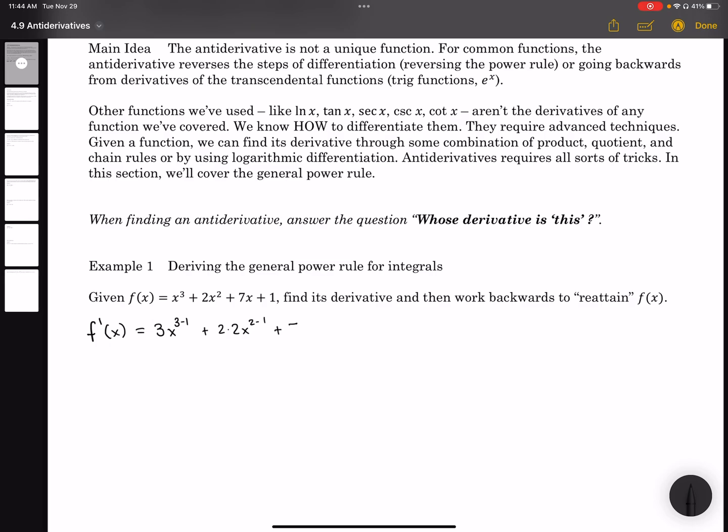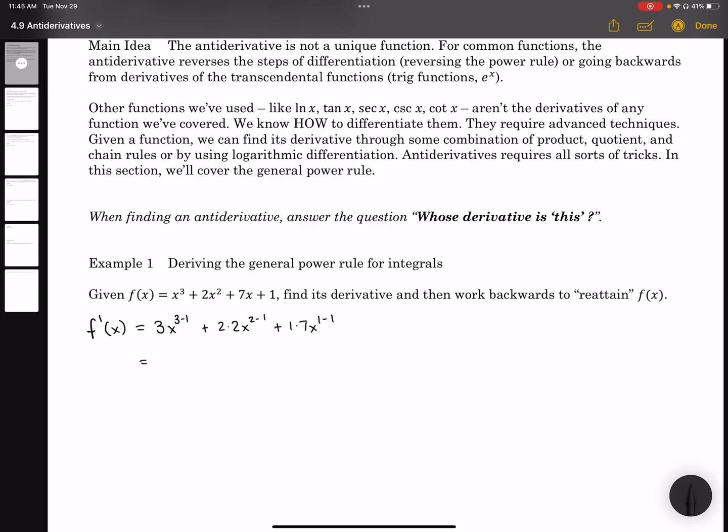Then we have plus 1 times 7 times x to the 1 minus 1 power, and the derivative of a constant is 0. So now, of course, we know this is actually just 3x squared plus 4x to the first plus 7x to the 0. So imagine that we reverse the steps of differentiation.